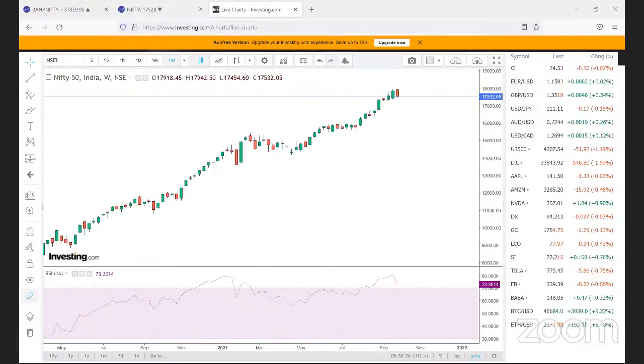If 17,450 breaks and we decisively close below that 17,450 odd levels, that will indicate that something has changed in the market. Are you with me? So 17,450 is going to be the important level that you have to ensure you keep a watch on, not get carried away. That is going to be very crucial.